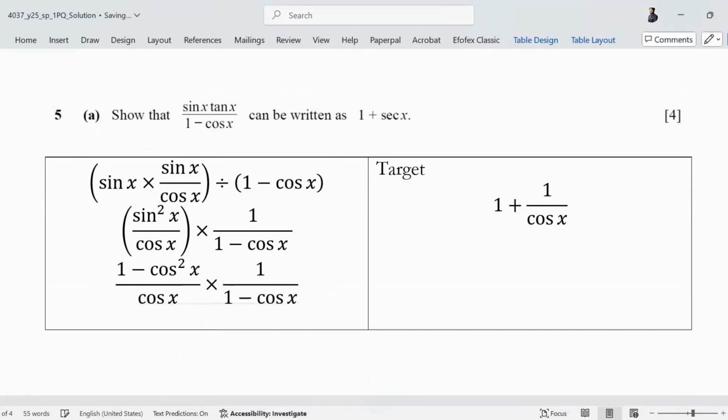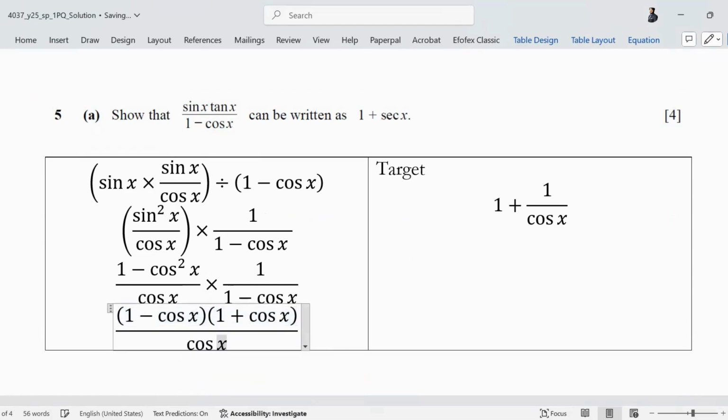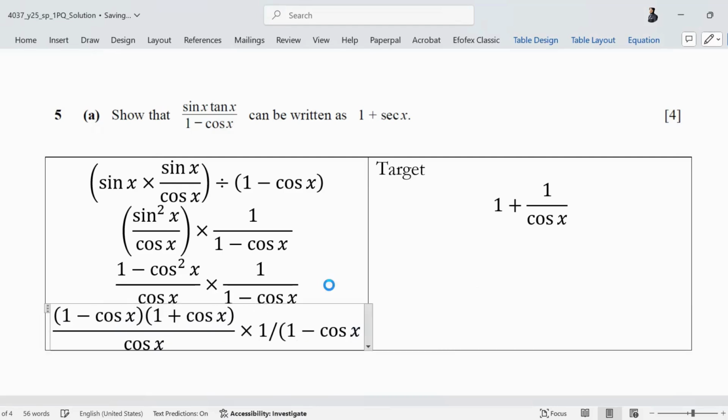So now 1 minus cos square x, again a difference of squares, I can write it as 1 minus cos x times 1 plus cos x, and cos x over here as it is, and 1 over 1 minus cos x.